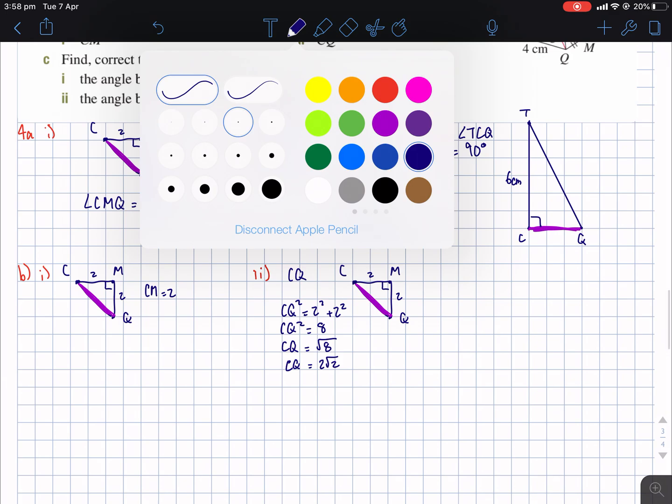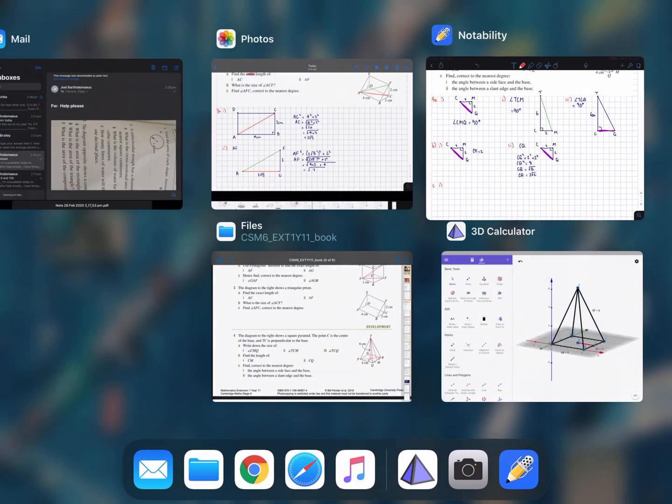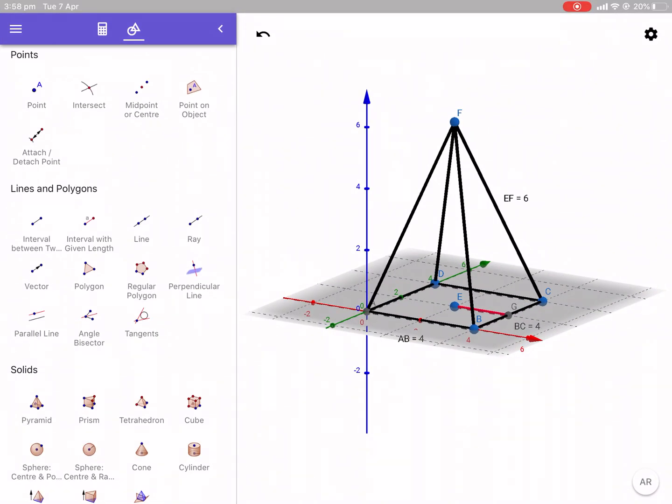Now question C, I'm expecting them to get harder. The angle between a side face and the base. I'm assuming when they say the angle between a side face, they're looking at, for example, that face and the base.